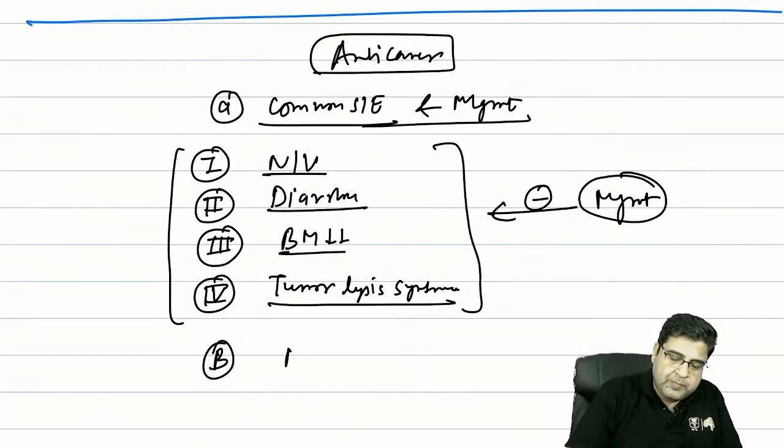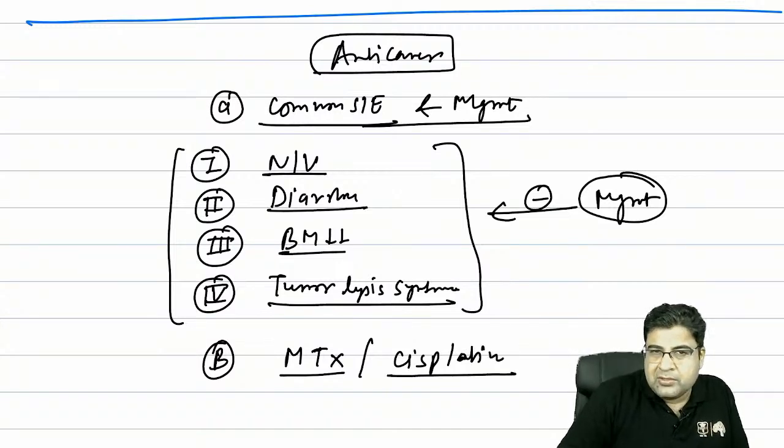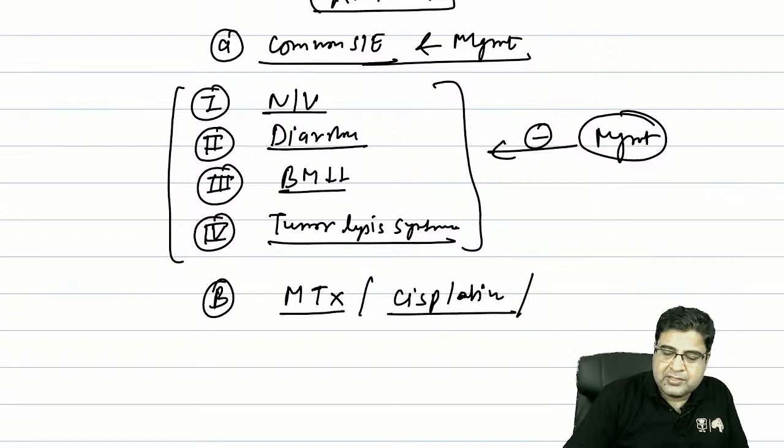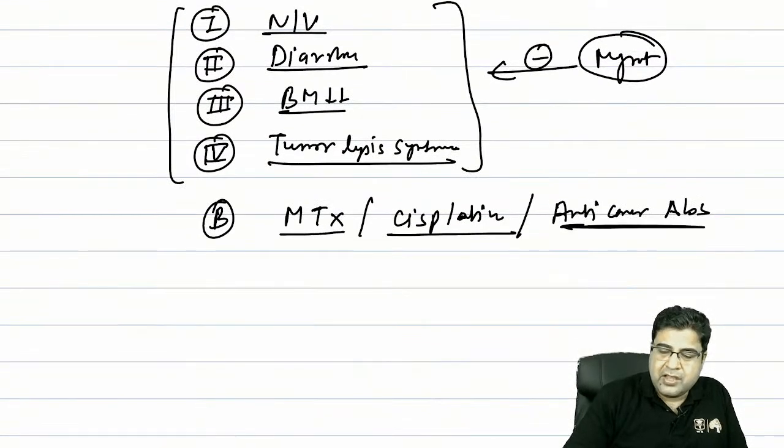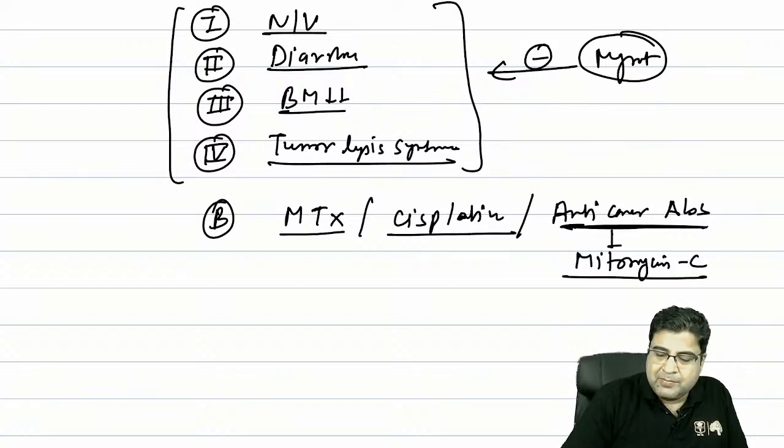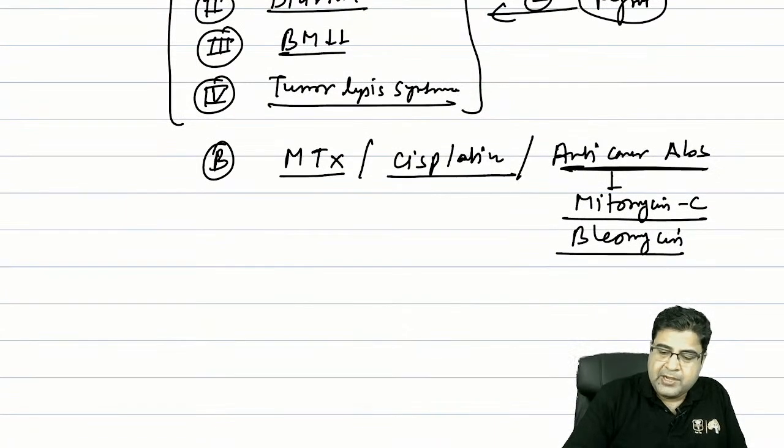Apart from that, you have to read about anti-cancer drugs like methotrexate and cisplatin. You have to read about anti-cancer antibiotics, for example mitomycin C, bleomycin, and doxorubicin.